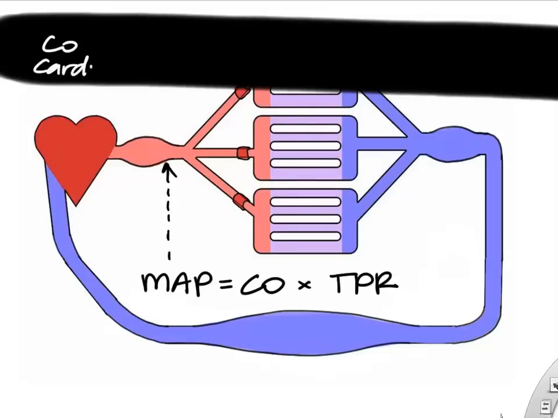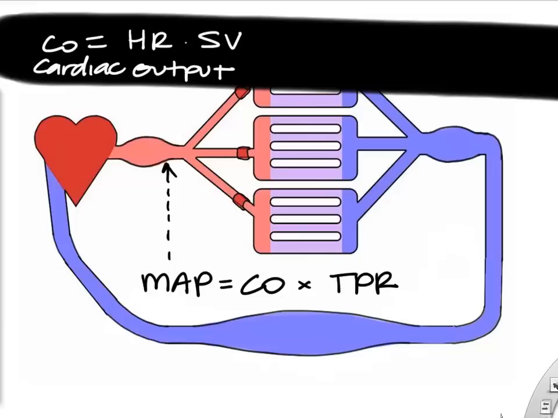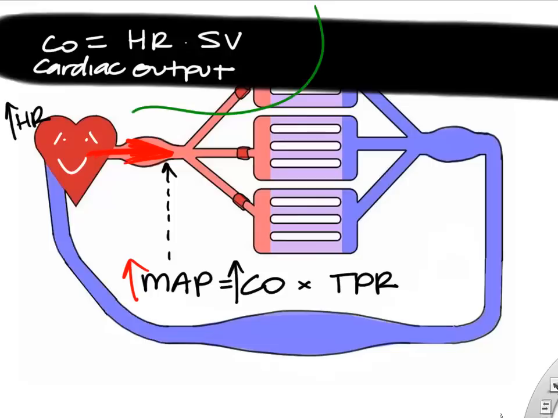So cardiac output, I hope you remember, is dependent on the heart rate times stroke volume. And heart rate really is just how many times a heart beats per minute. If you increase heart rate, you're going to increase cardiac output. Pumping more blood into those arteries increases mean arterial pressure, which increases the driving force of blood flow in your body.